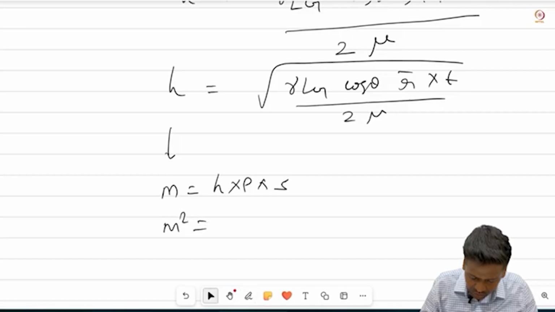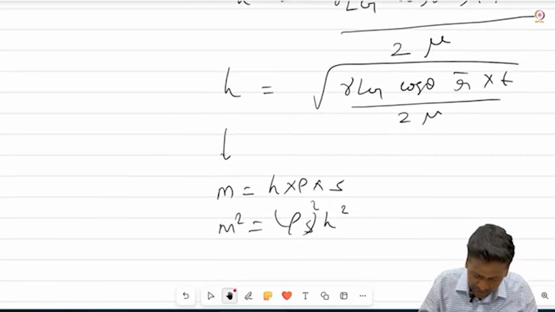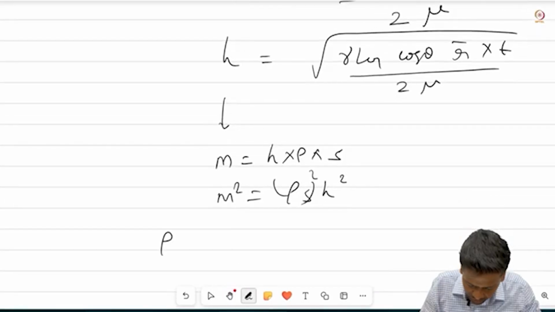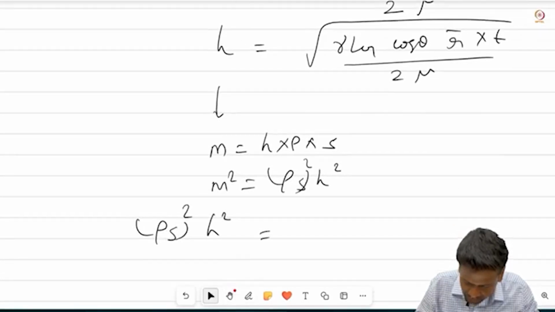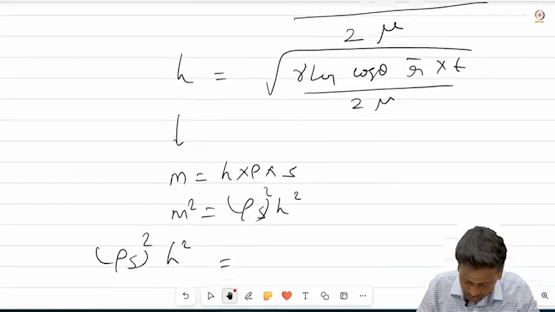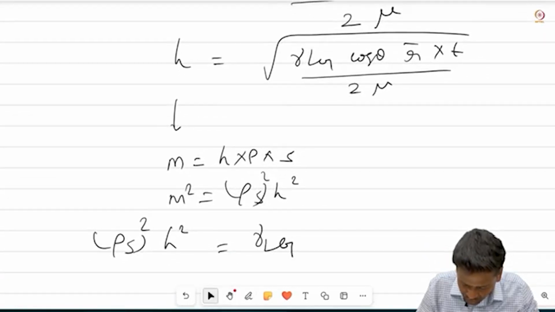So I know mass square is nothing but rho s square into h square. We have this equation already, h square. So if I multiply both sides by rho s square, then I can simply substitute that as mass square, right? That is what we are going to do now.